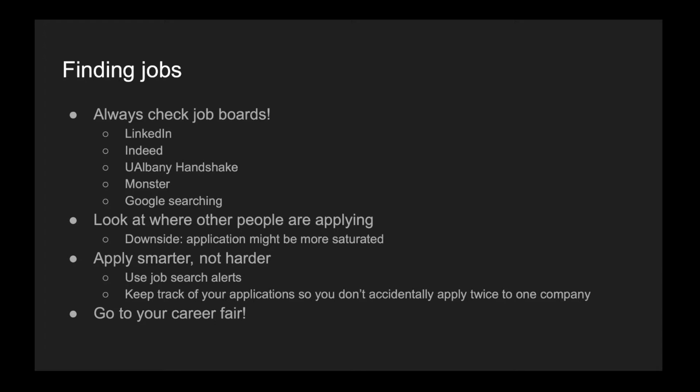And then something I've actually had decent success with is Google searching. If you just Google search something like 2022 software engineering new grad positions in Albany, New York, it'll come up with a decent amount of results. It's also good if you're looking at other areas too, like Cambridge, Seattle, and so on.